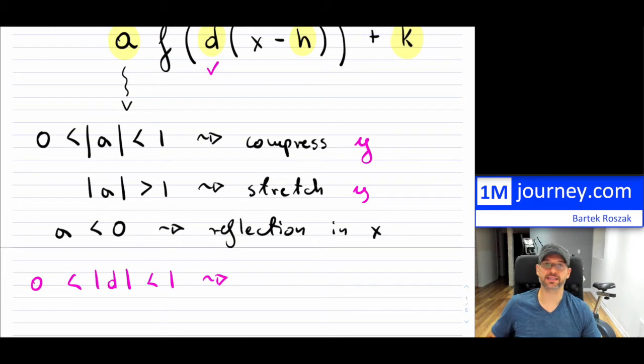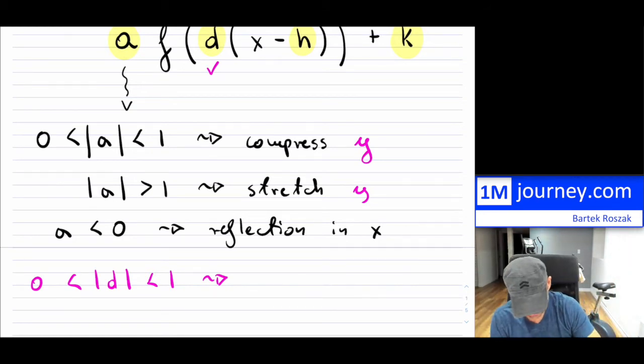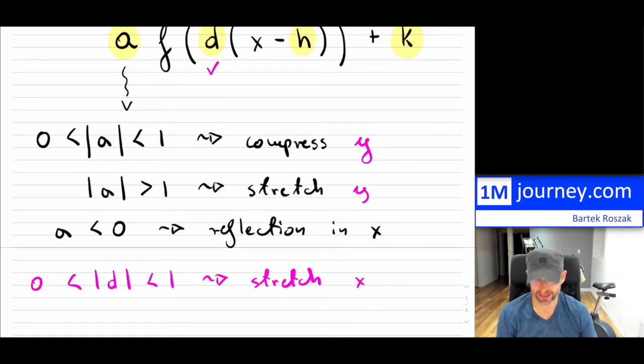My d does the same thing, except it does it on the x. If d is between 0 and 1, it will actually stretch it out. So this is a stretch, stretching it in the x. That's how you can remember it.